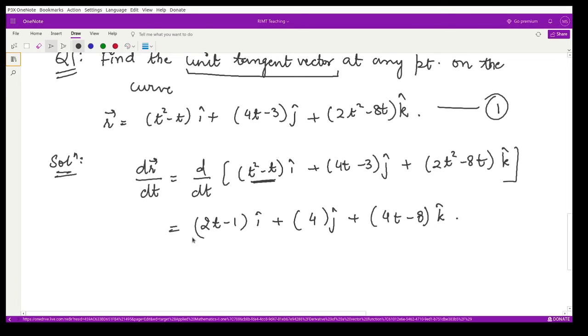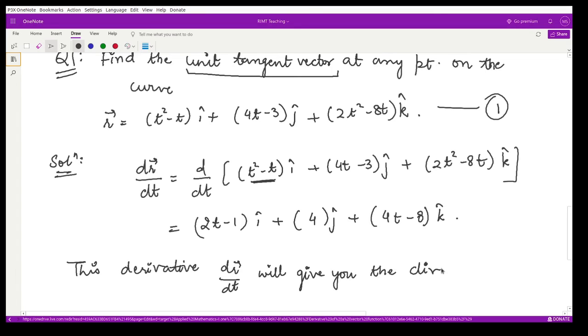Now this is the derivative of the position vector, and this derivative will give you the direction of tangent. dr by dt will give you the direction of tangent. So are we done?